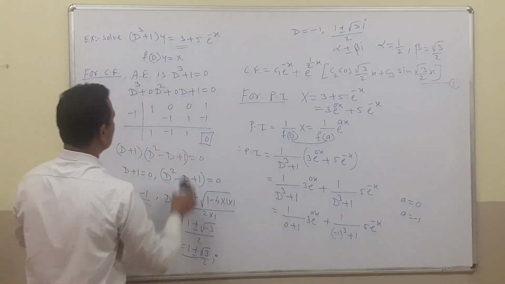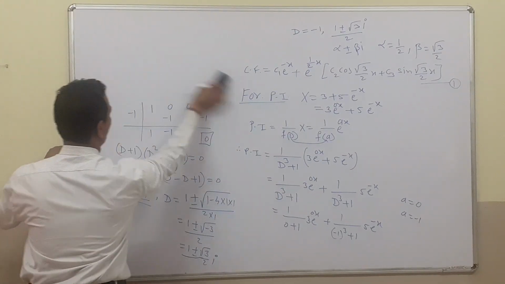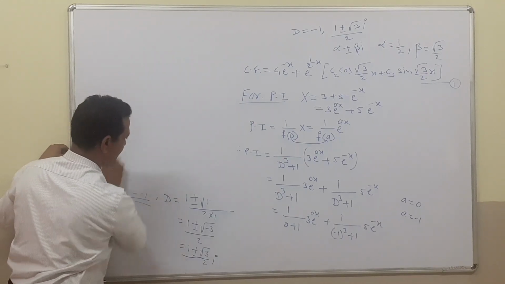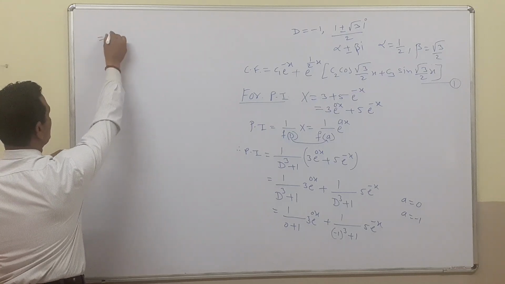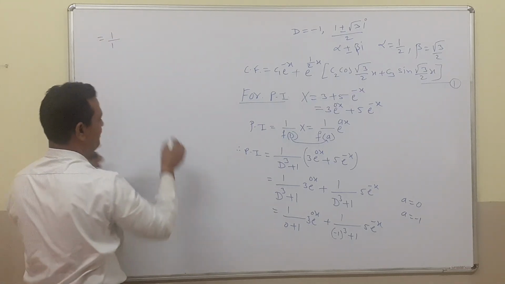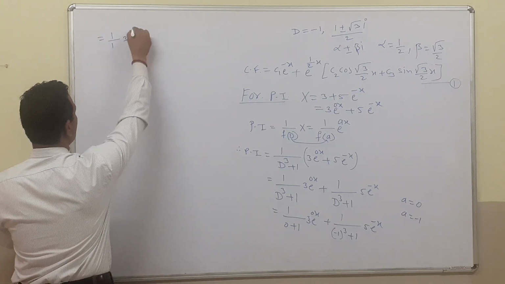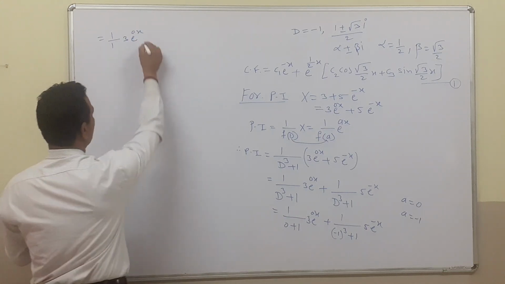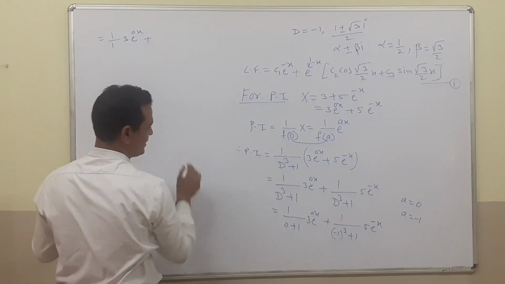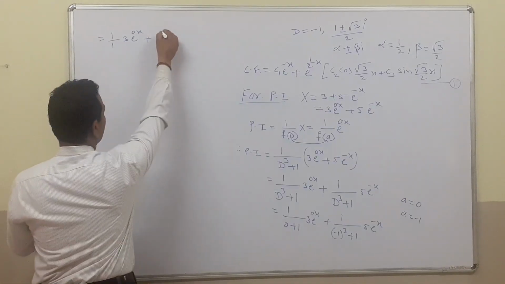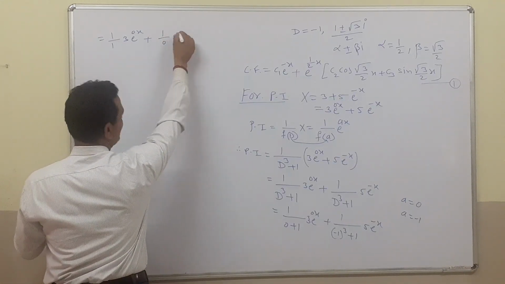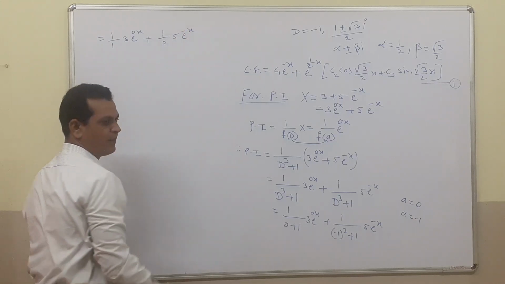So directly from this equation we get the first term as 1 upon 1 into 3 e raised to 0x, plus the next term, which is 1 upon minus 1 cube plus 1, and this is 0. So we get 1 upon 0 into 5 e raised to minus x.